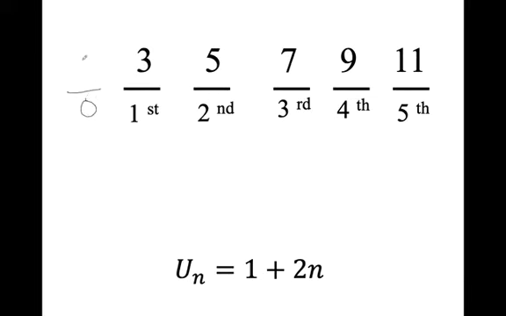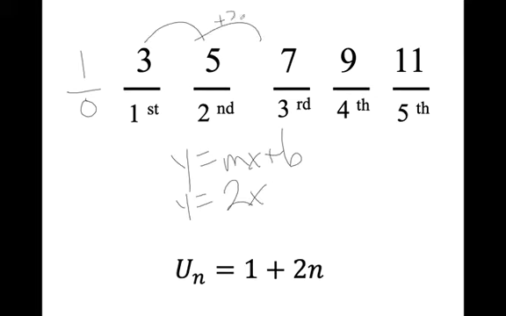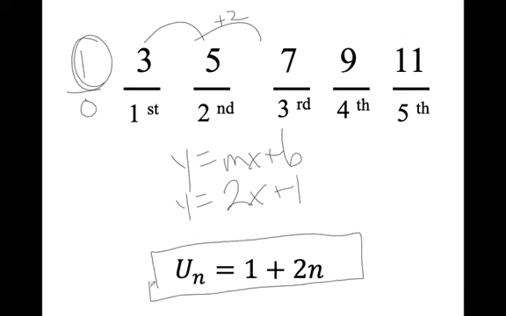So over here at 0, that was a 1, and we reminded ourselves it was really a version of y equals mx plus b. It ended up being y equals 2x plus 1, because 2 was the jump every time, and 1 was the initial value. We rewrote that in terms of sequences and series variables, using u for the value of the term and using n for the position of the term.